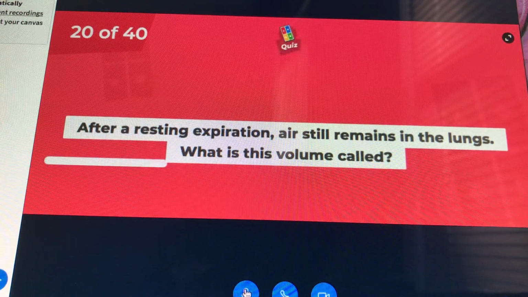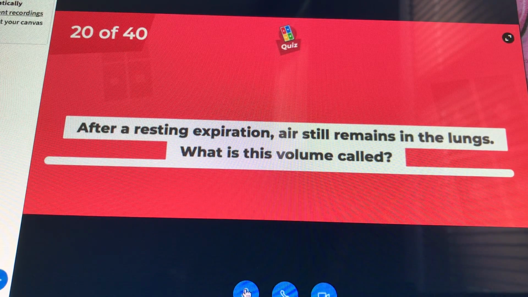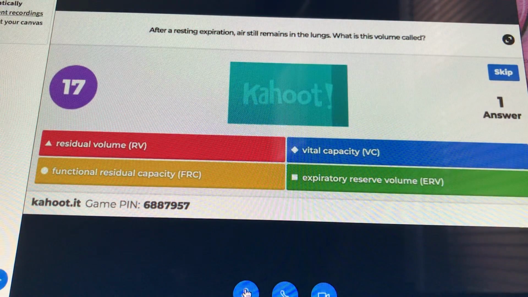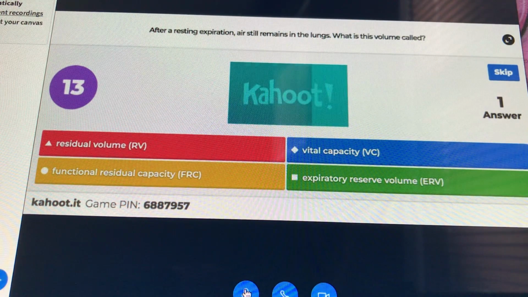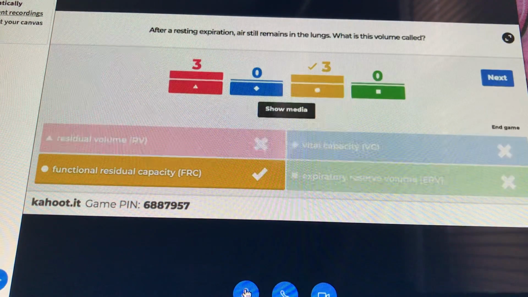Okay, number 20. After rest and expiration, the air still remains in the lungs. What is this volume? Good.